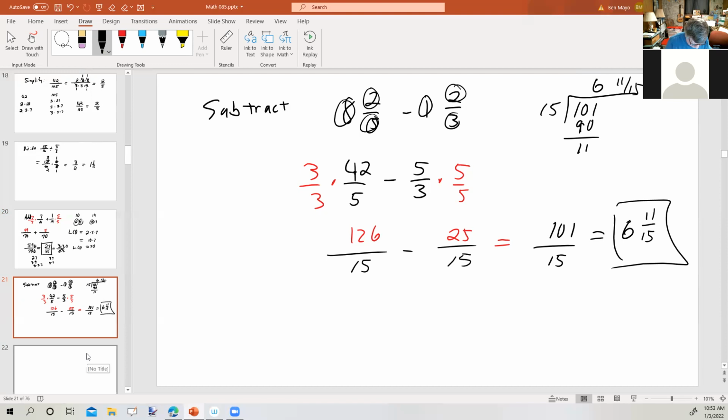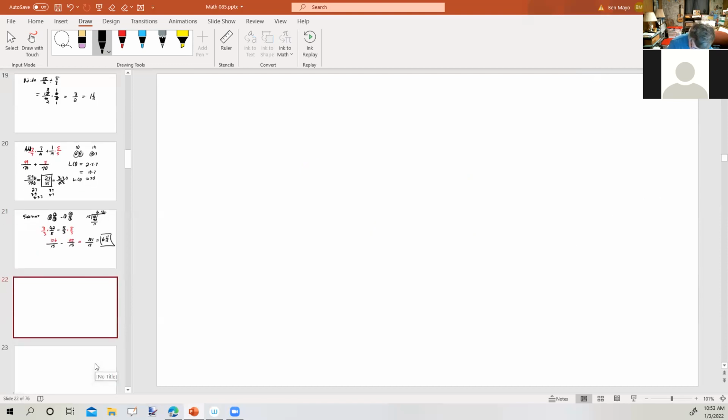All right. The next problem says write 5/6 as a decimal.